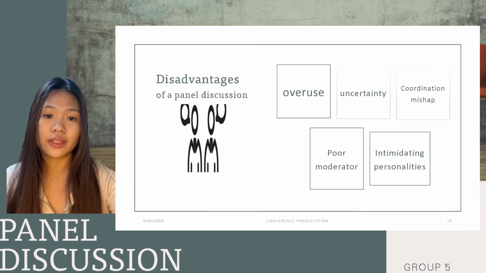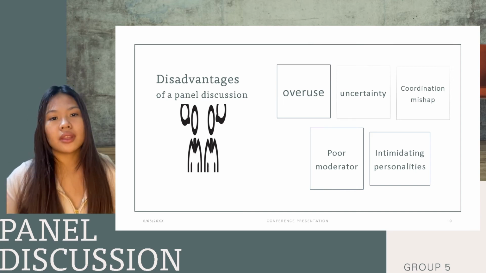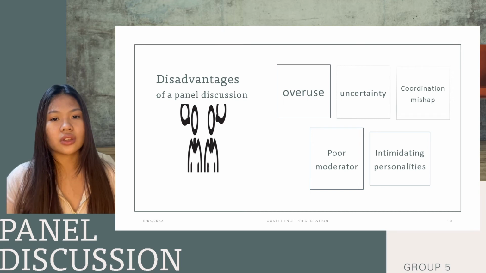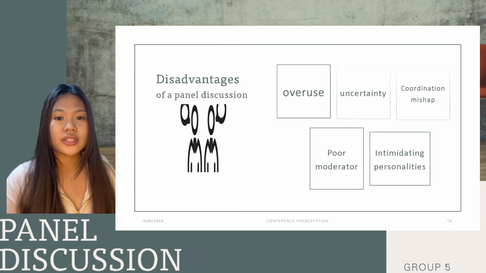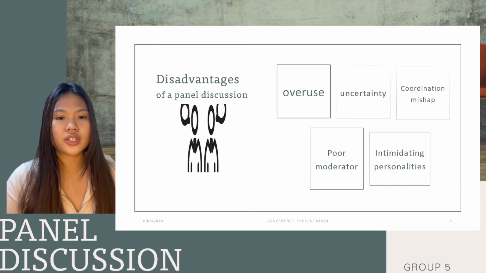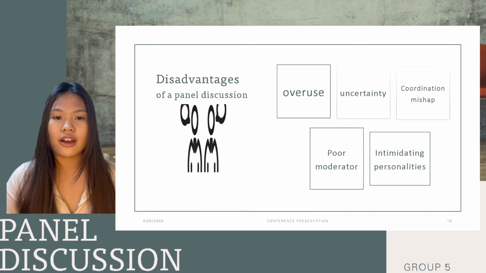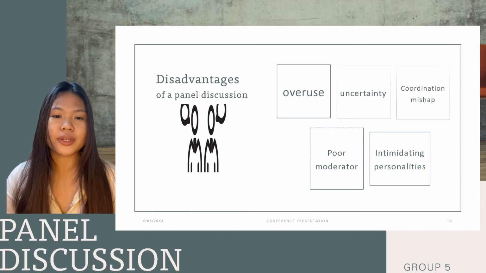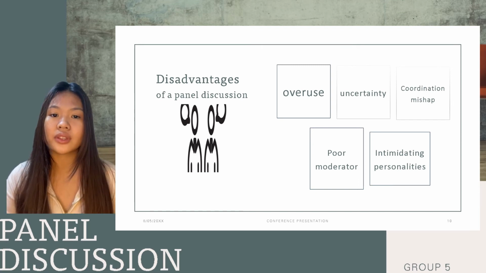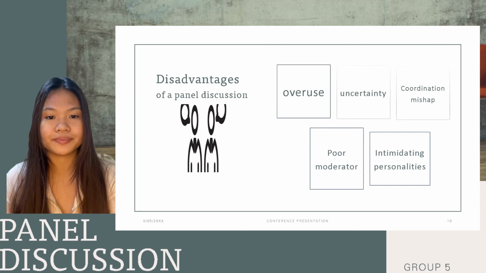Lastly, disadvantage is the intimidating personalities. Even while it is essential to have a variety of viewpoints, there are certain professionals or specialists who may not only have powerful perspectives but also have personalities that cause them to take the lead in the discussion.